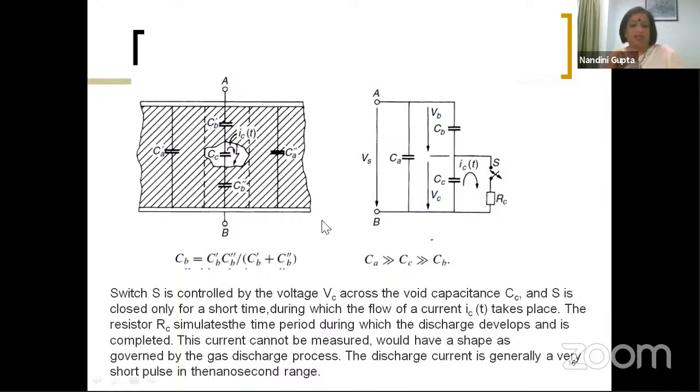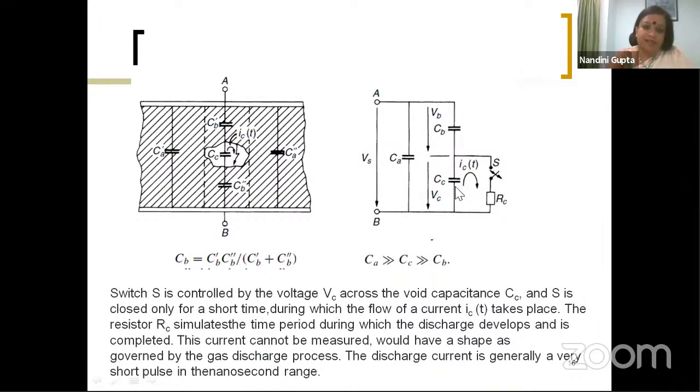So let us imagine that this is the schematic which shows a void. I use a circuit diagram. I use an equivalent circuit to represent the situation that I have.